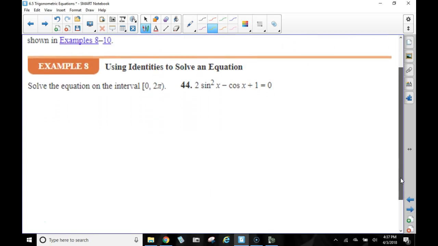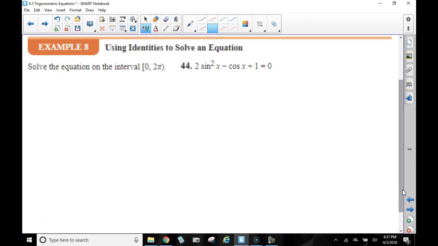And so what we're going to try to do is write everything in terms of a single trig function. Now, there's really nothing we can do with cosine x, but I know all day, every day, sine squared x is equal to something. We're going to use the Pythagorean identity.